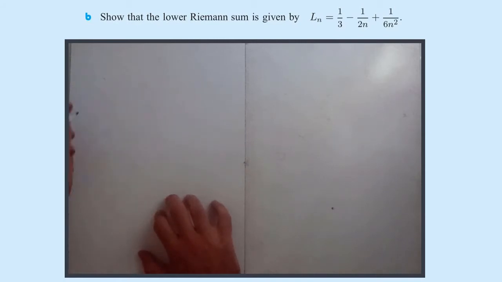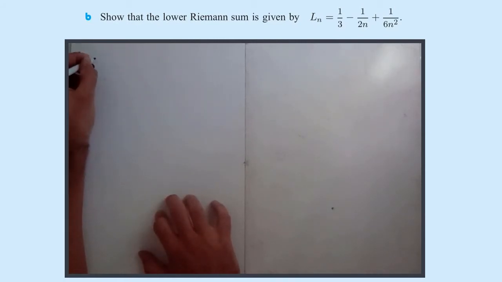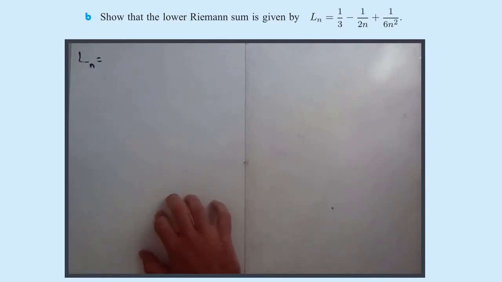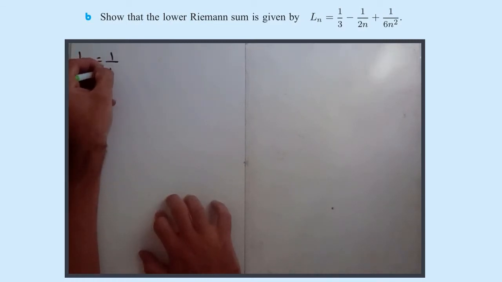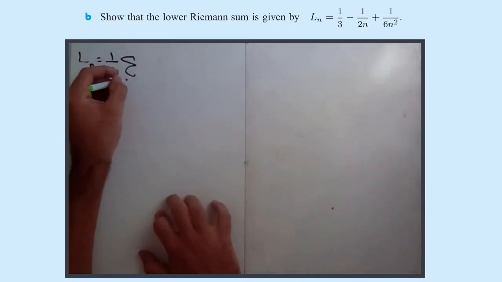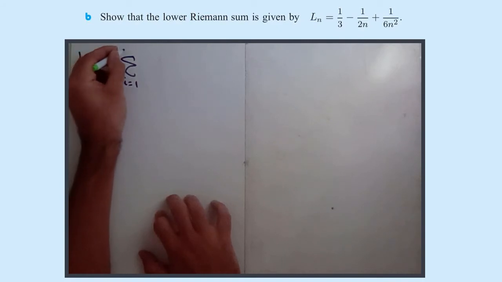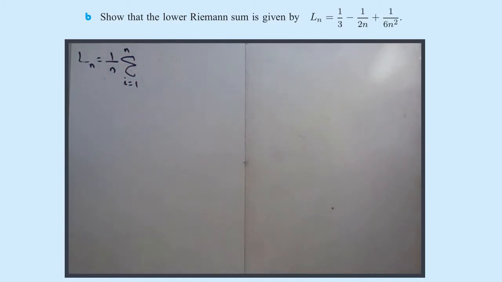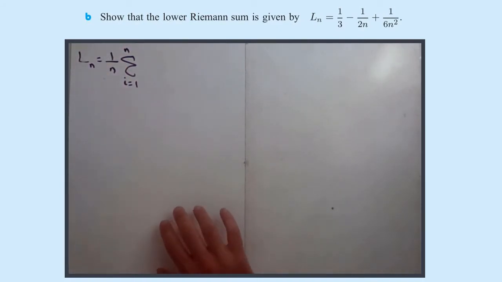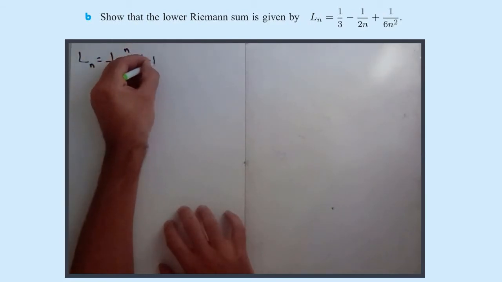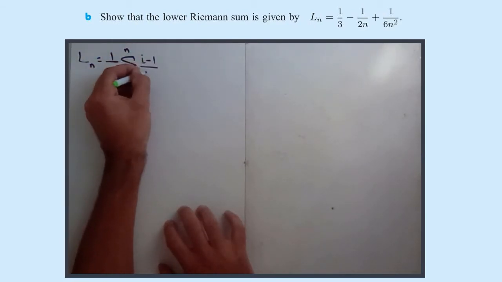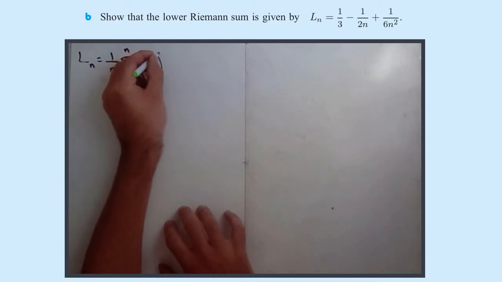Putting it all together, the lower sum equals delta x, which is 1 over n, times the sum from i equals 1 to n of f of xi minus 1, which is i minus 1 over n squared.